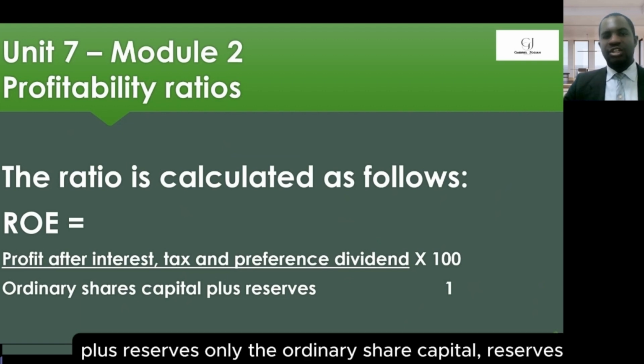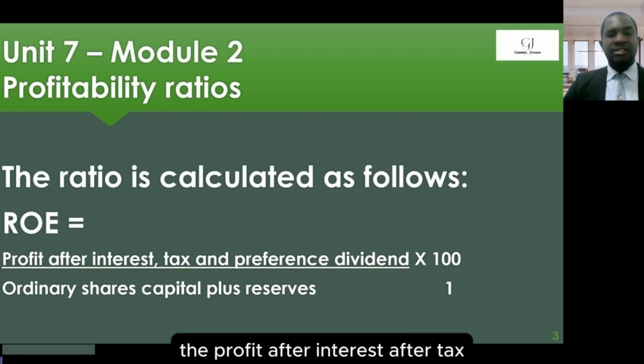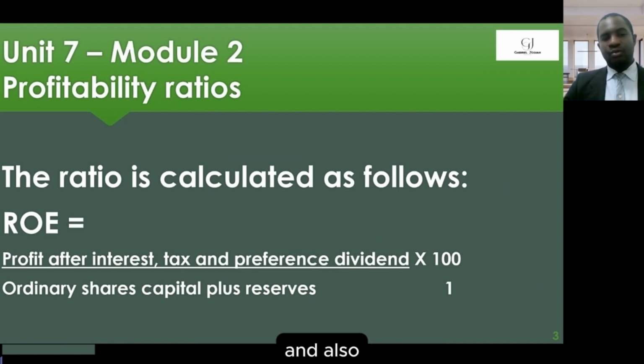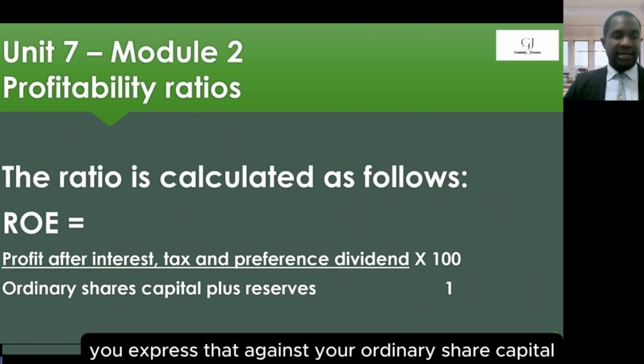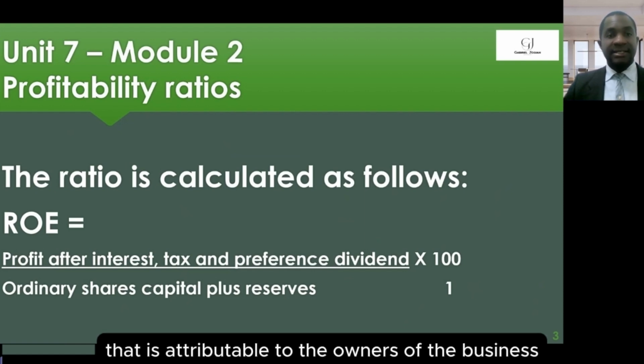So I'll take that again: the profit after interest, after tax, after preference dividend, expressed against your ordinary share capital, your reserves, share premium, retained earnings, or whatever is attributable to the owners of the business.